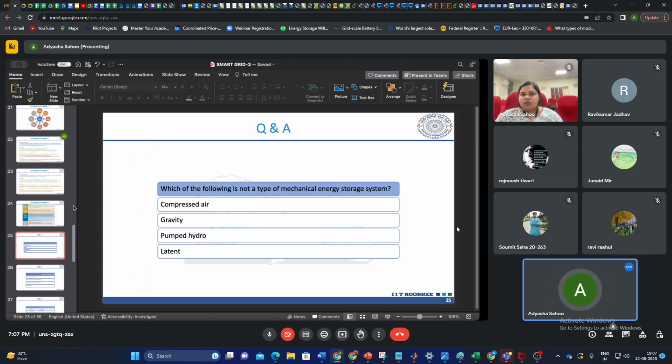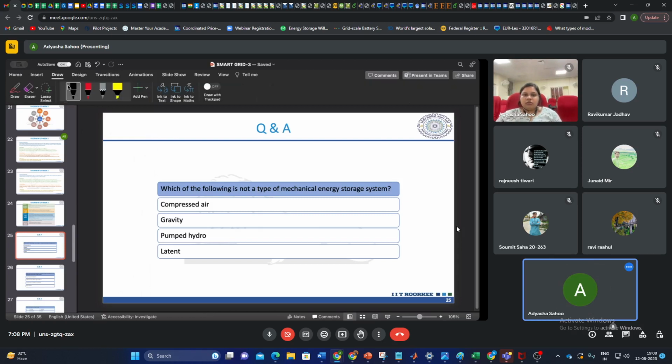So the first question is, which of the following is not a type of mechanical energy storage system? So you have compressed air, gravity, pumped hydro, and latent.